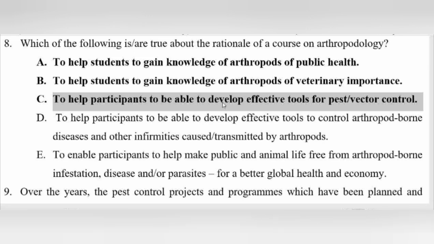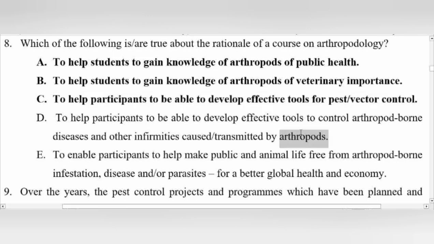You should be able to use your knowledge to help improve the well-being of people, total well-being, or to ensure well-being. So one of the key things is that you should be able to develop effective tools for pest or vector control, and that is a very good thing.